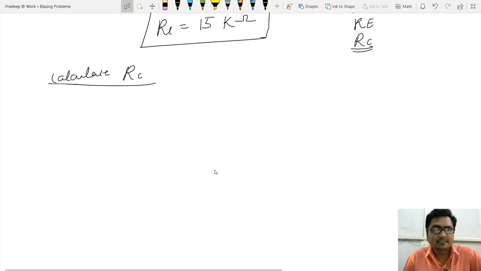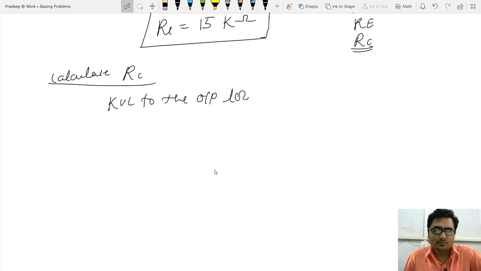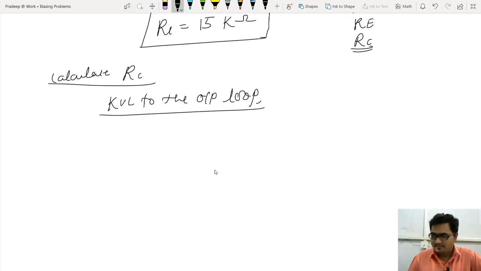To calculate RC, this thing is very simple. We just need to apply KVL to the output loop. Now apply KVL to the output loop.